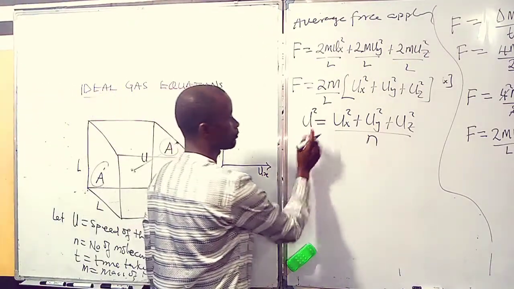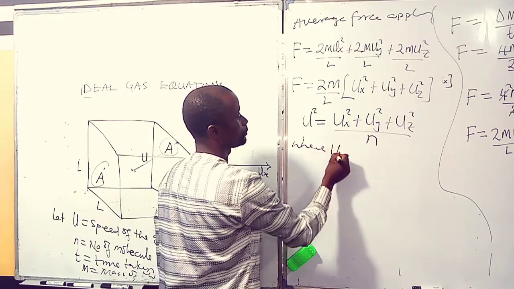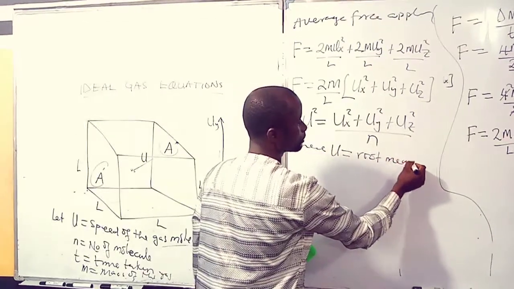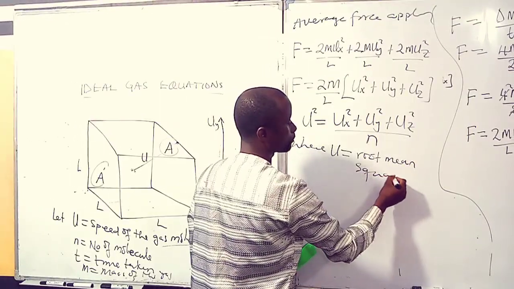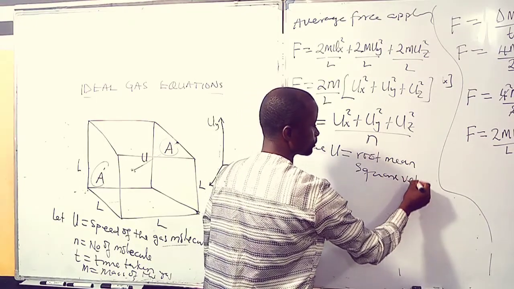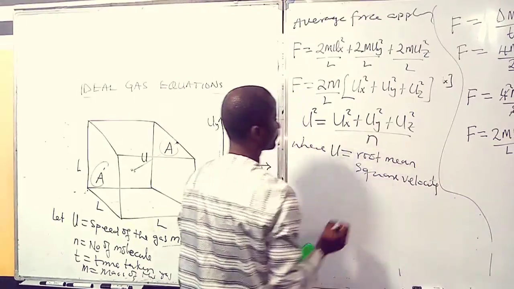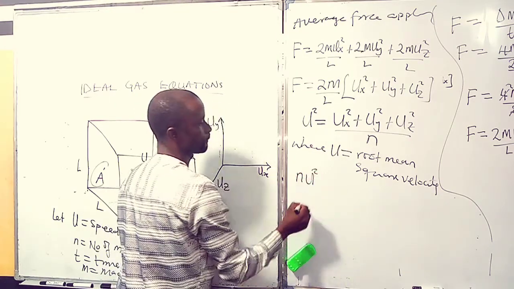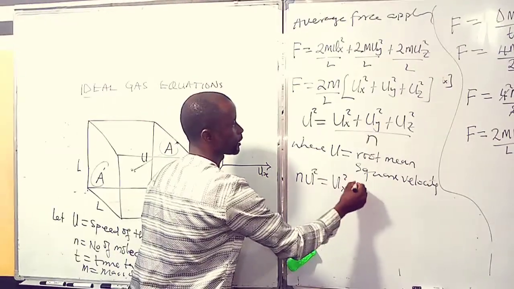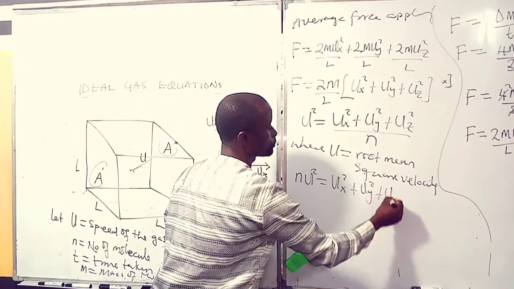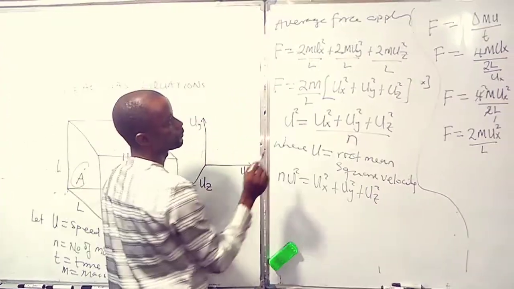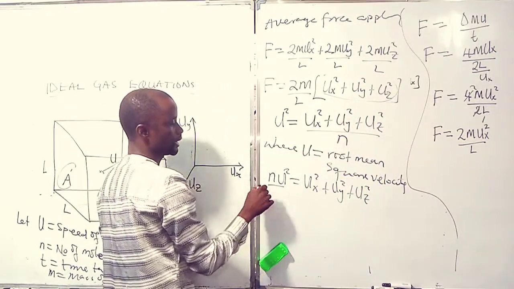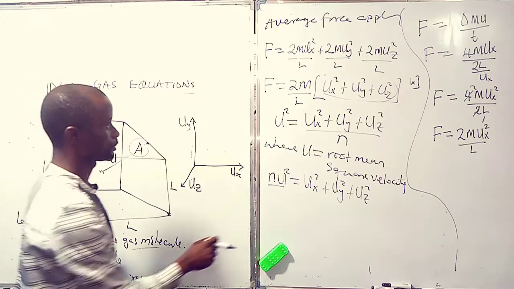Now, let u be equal to the root mean square velocity. Therefore, here you have Nu squared is equal to ux squared plus uy squared plus uz squared. Now, go back to this equation.